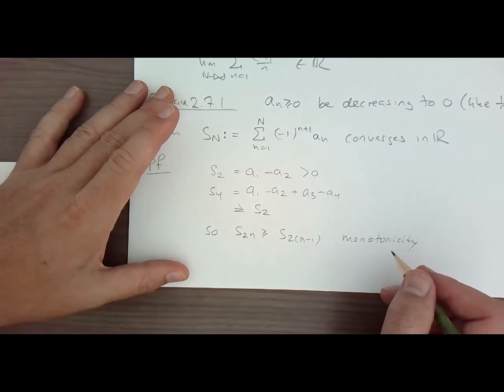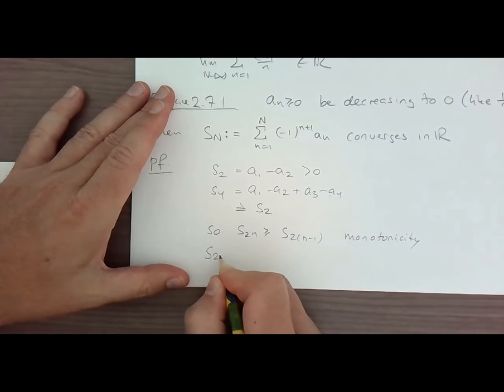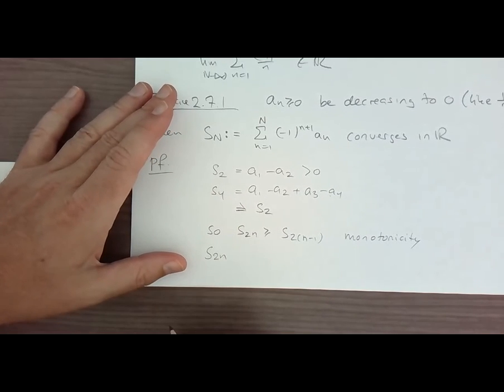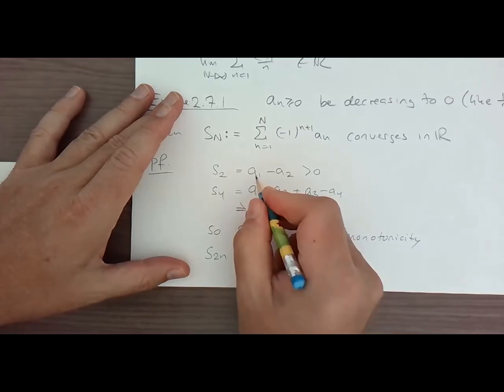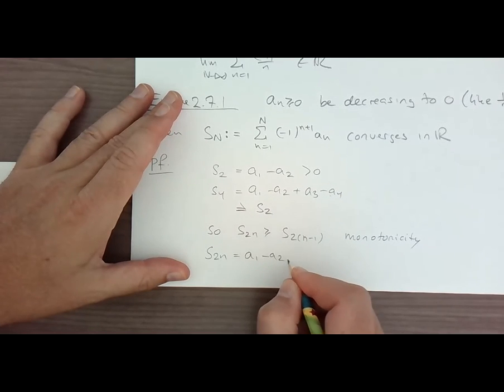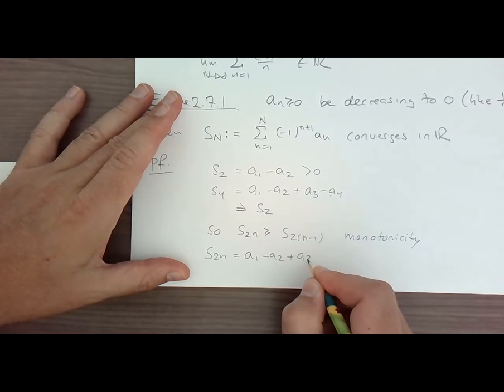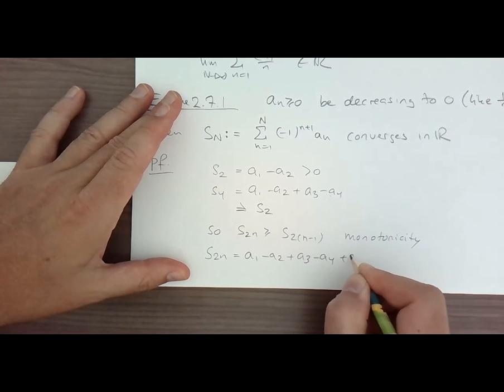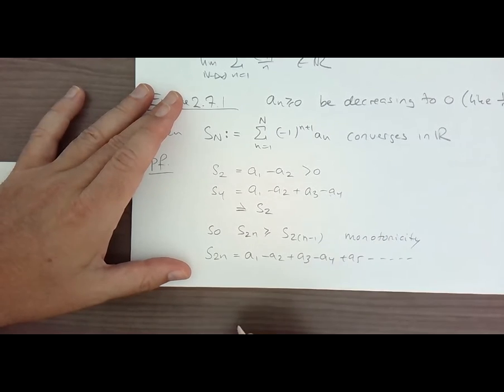And we also need it to be bounded, right? So if I look at S_2n, how would I write all that out? Well, I could write this out as a_1 minus a_2 plus a_3 minus a_4 plus a_5 minus, and then keep going.